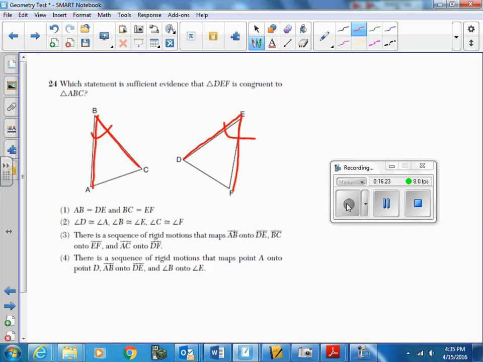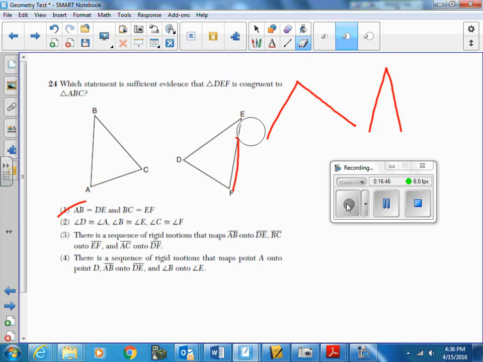So that doesn't prove anything, because you could have two sides being equal, but we don't know how big the angle is. So you could have two sides being equal, but have it like that. So we don't know. This doesn't show us anything, number one. That doesn't prove that two triangles are congruent. All right? That does not prove it.